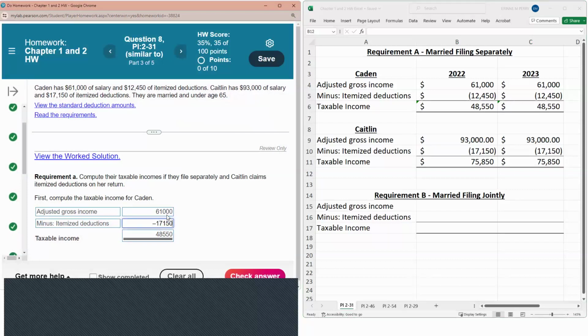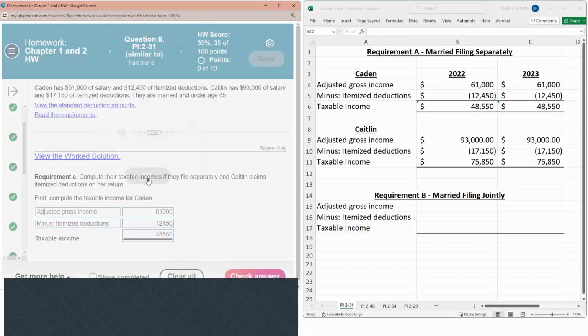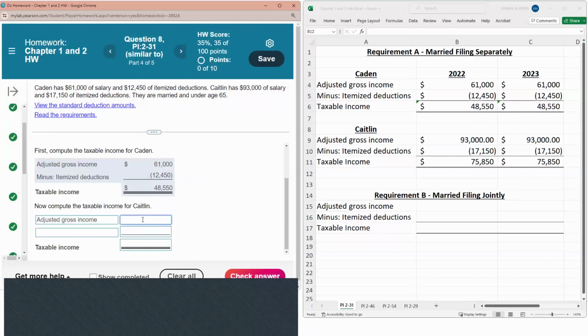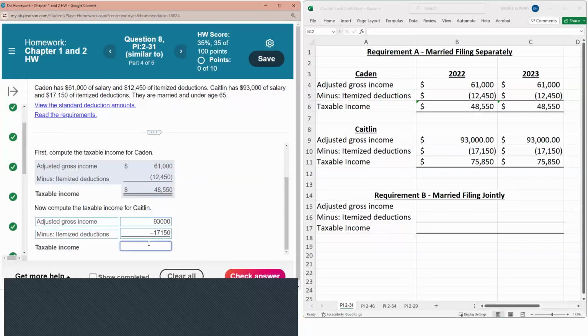Oh, sorry, I put the wrong amount. All right, and then now we look at Caitlin, salary of 93,000. We subtract the itemized deductions of 17,150, and her taxable income is 75,850.